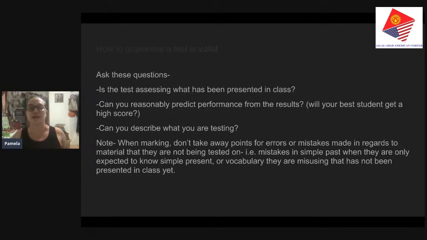There might be different kinds of vocabulary and different kinds of grammar and different kinds of situations that they create dialogues for. So only test based on what has been presented, not what you think an intermediate English speaker or advanced beginning or beginning advanced or even a high advanced speaker might be. Only test on what you have presented to them.